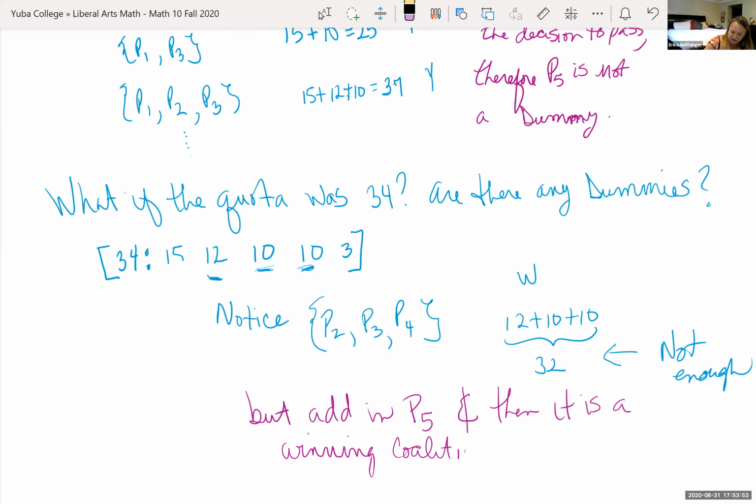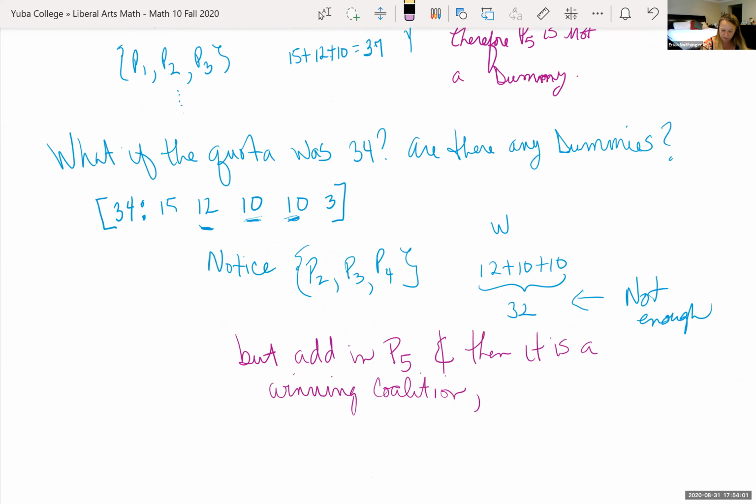And so since player 5 then has some say in some sort of coalition of votes, then they're not a dummy. And if the person with the least amount of weight of voting is not a dummy, then nobody else who has higher weight could be a dummy.